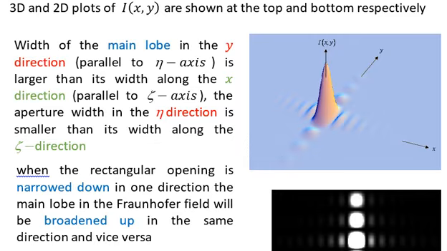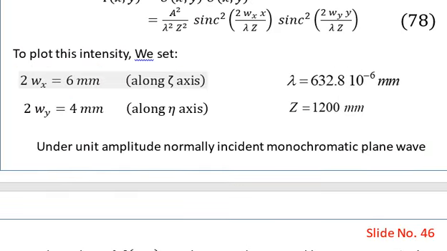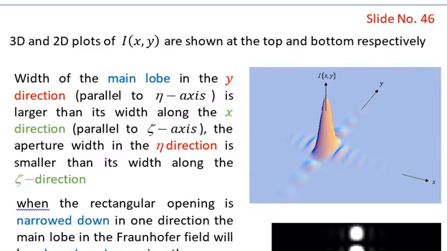The aperture width in the eta direction is smaller than its width along the zeta direction, because we have set a width of 6 mm along the zeta direction and 4 mm along the eta direction. And so if the aperture is smaller, the width in the Fraunhofer diffraction will be larger in that direction.